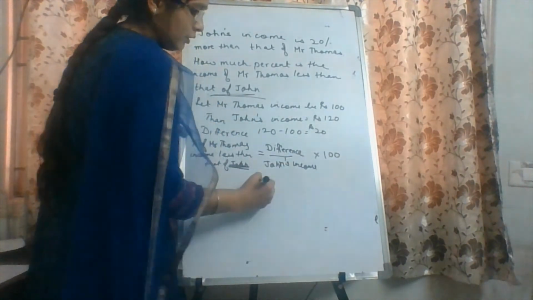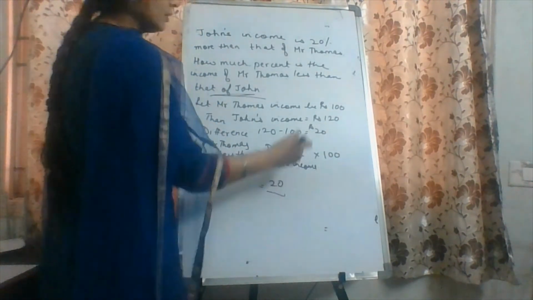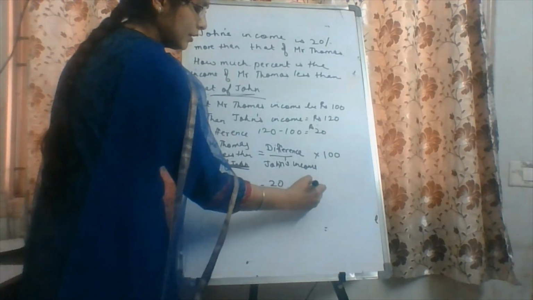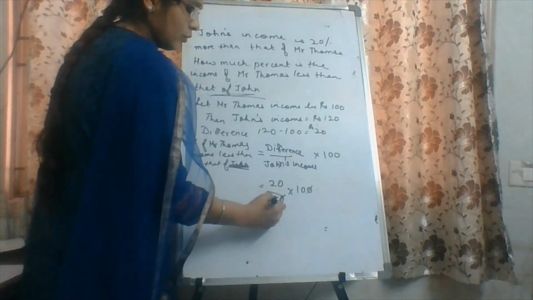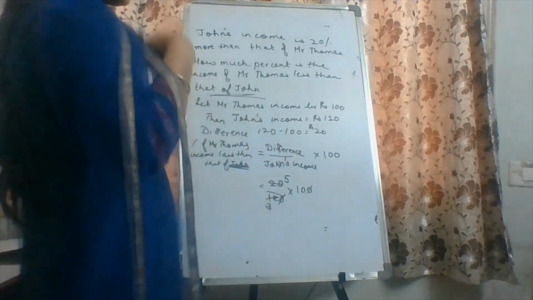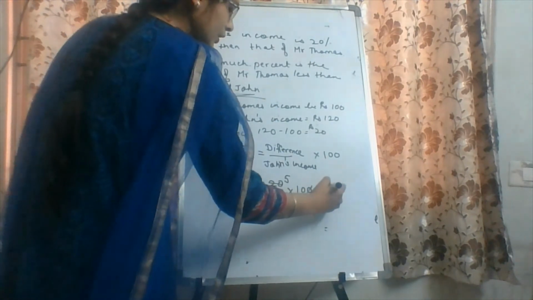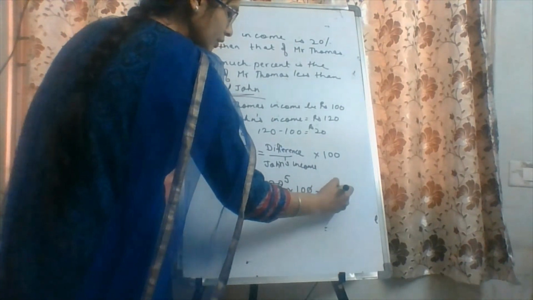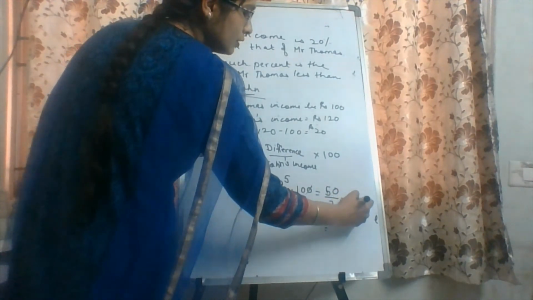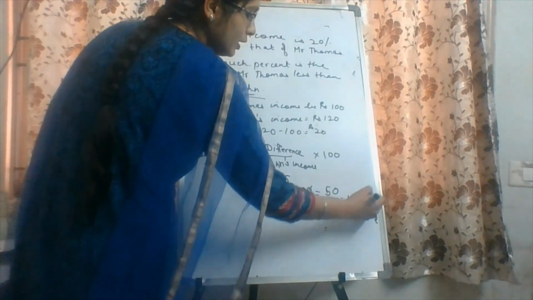Difference is 20 rupees. John's income is 120, multiplied by 100. Simplifying, it is 50 upon 3, which is equal to 16 2 upon 3.